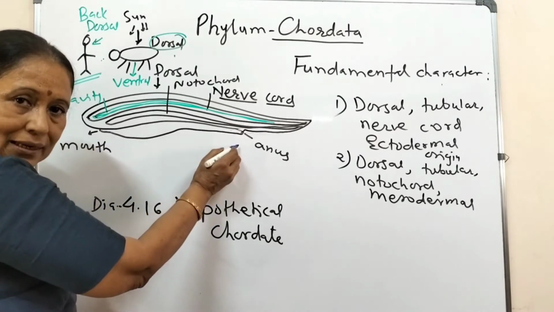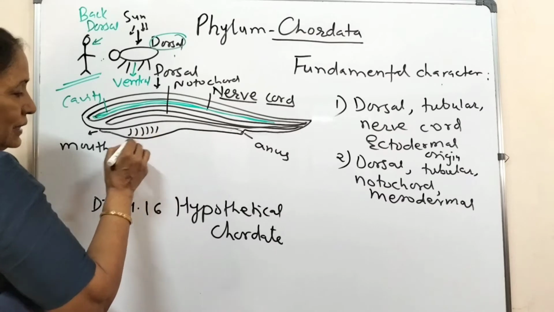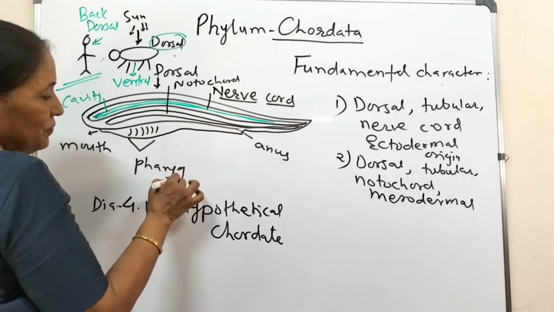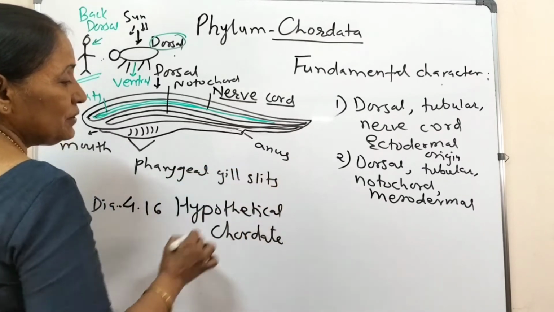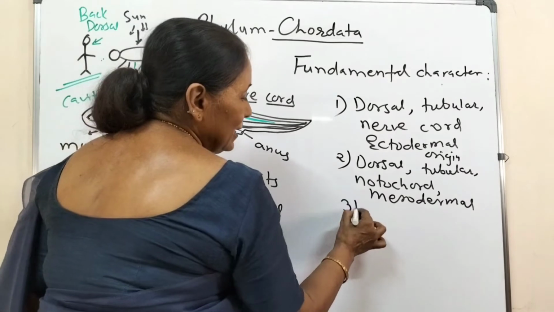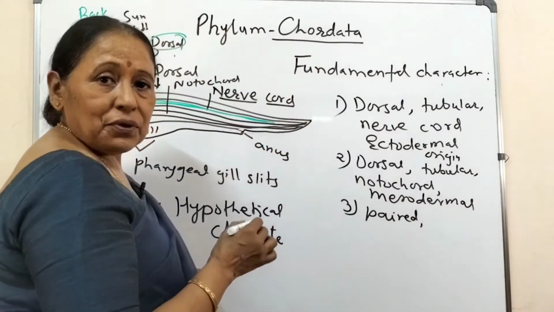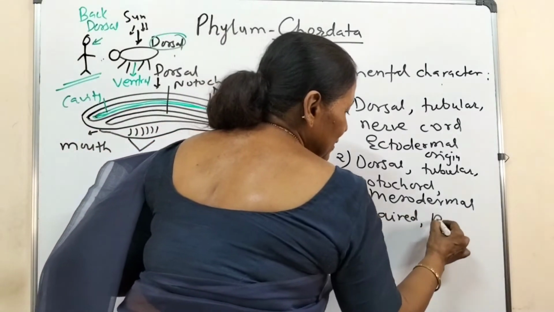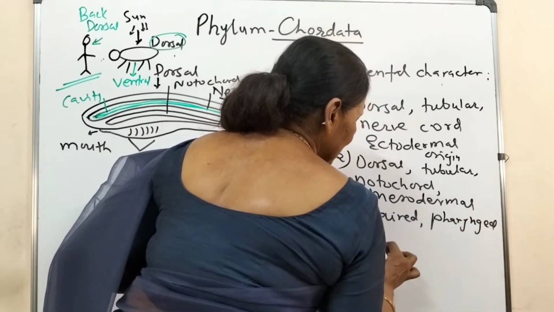This is the alimentary canal. In the pharyngeal region there are some slits present. These are called pharyngeal gill slits. So the third fundamental character is that they have paired pharyngeal gill slits. The word paired is also very important, meaning on both sides.